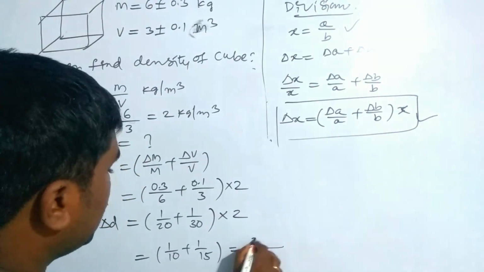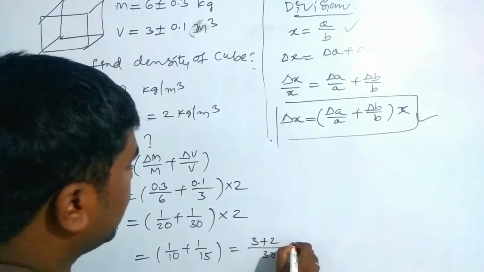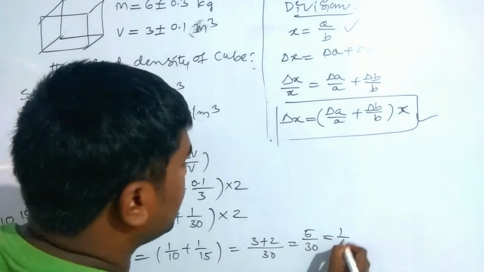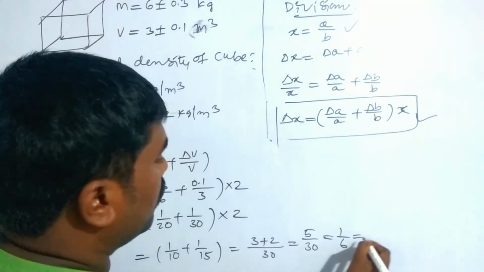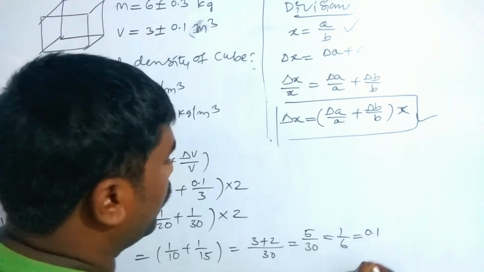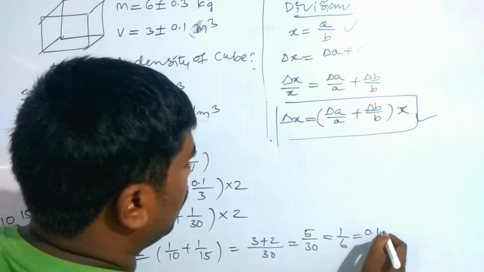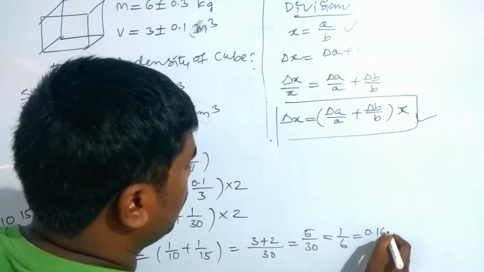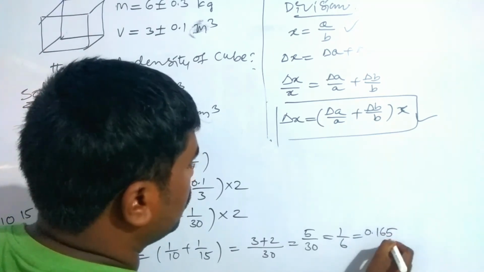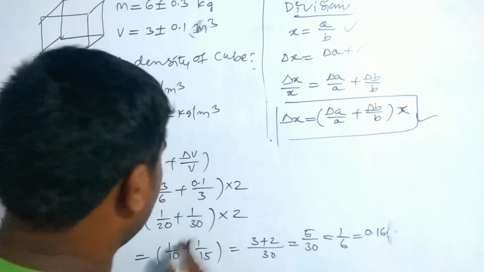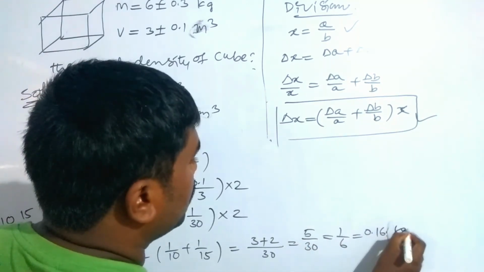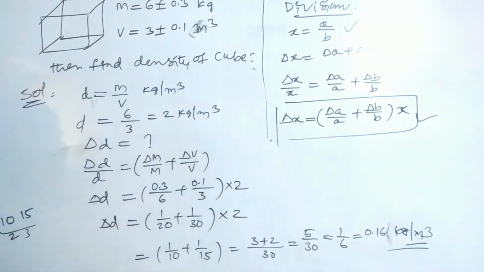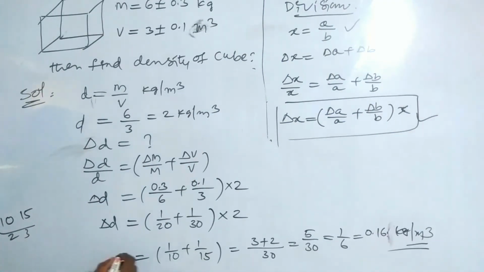You can write 3 plus 2, that is 5 by 30, which is equal to 1 by 6, which is 0.16. So it is 0.16 kilogram per meter cube. This is the error in delta D.